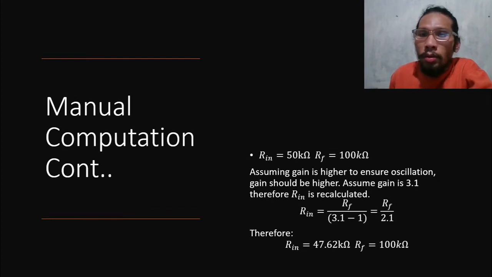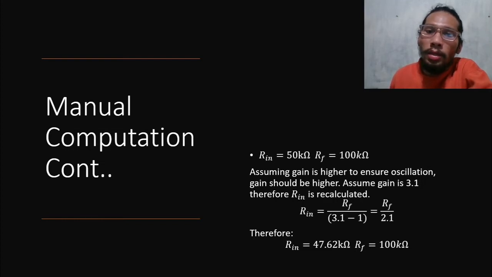So to ensure the stability of the oscillation, the gain should be higher, so I assume that the gain is greater than 3, and I consider that the voltage gain is 3.1.